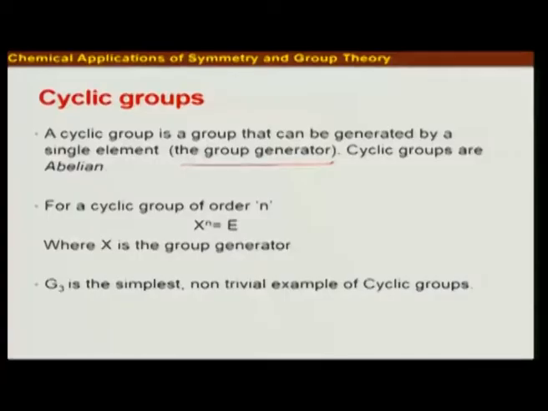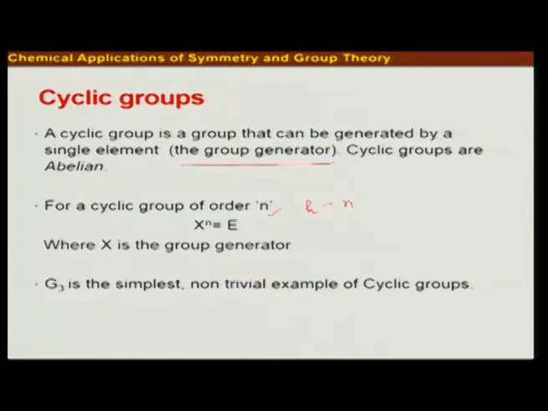Now some specific things about a cyclic group: for a cyclic group of order n, we just looked at order n equals 3. So for any general group which is cyclic in nature and has an order n, where essentially this means h equals n, right, then x to the power n equals e, where x is the group generator.